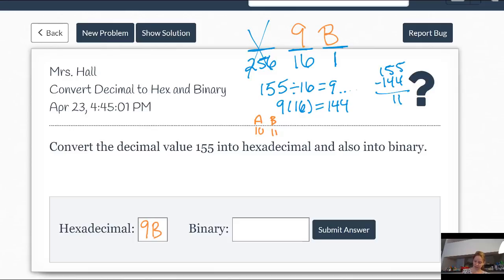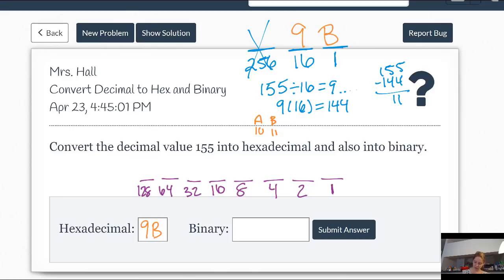Now for binary, I need more place values. It's base 2. So the first place is the 1s, then the 2s, 4s, 8s, 16s, 32s, 64s, 128, and then it'll be 256, which is higher than 155, so I don't need that place value.